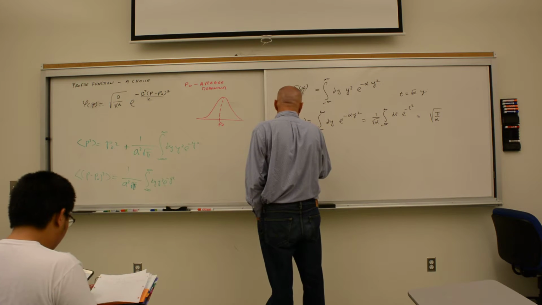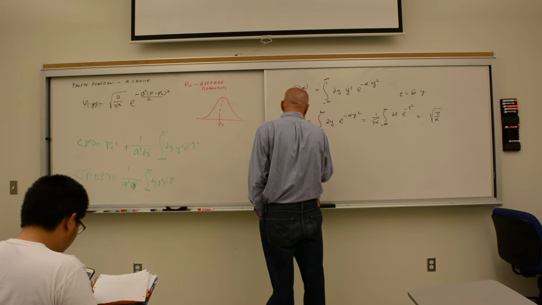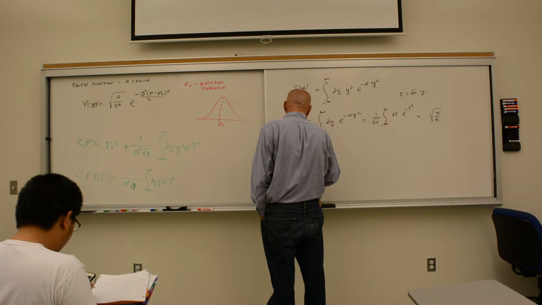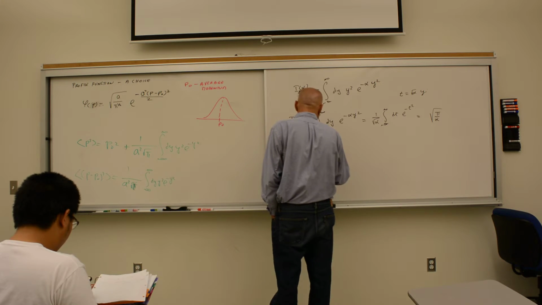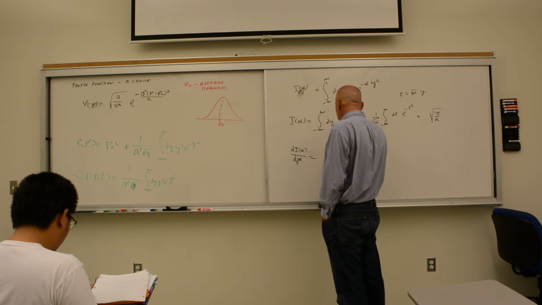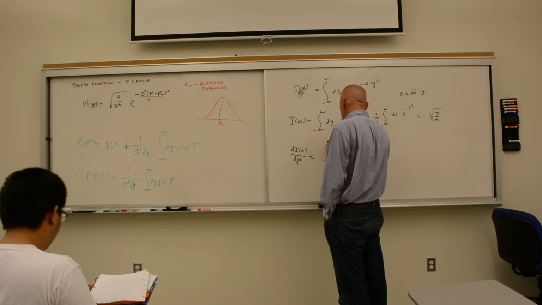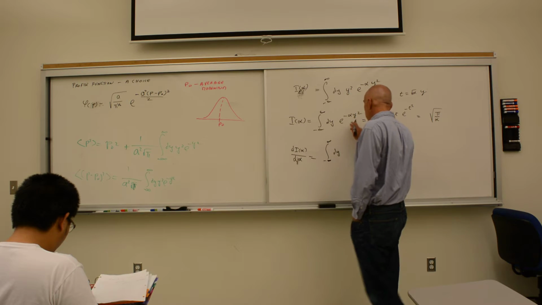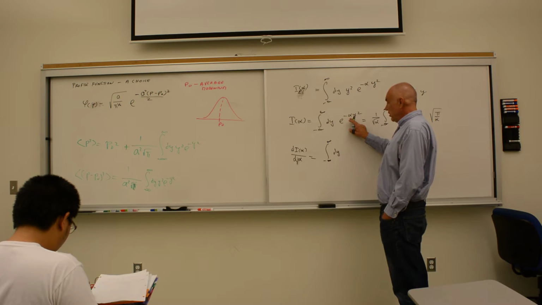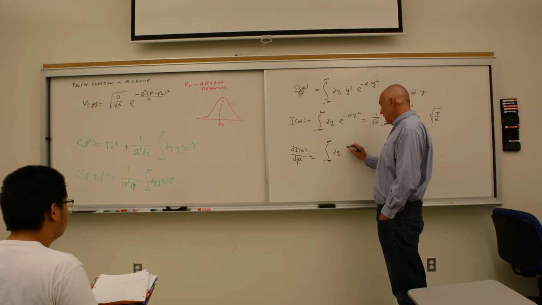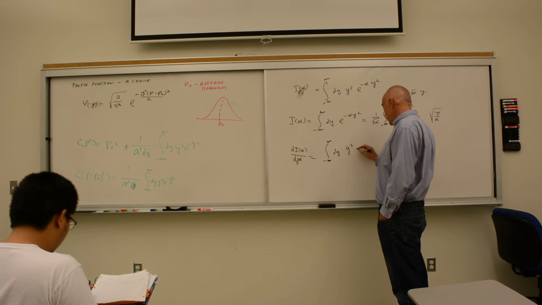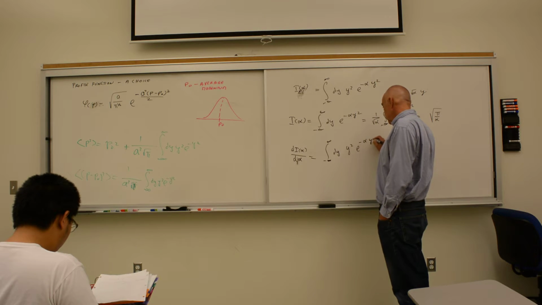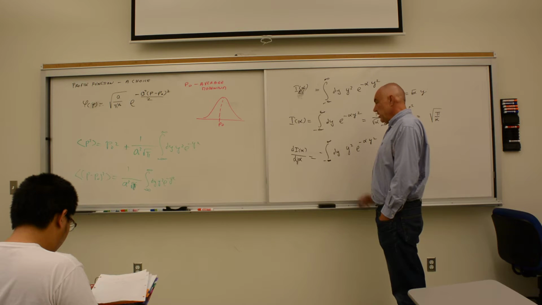And so if I compute the derivative d alpha, then I get that this integral is equal to the integral from minus infinity to infinity dy. When I do the derivative with respect to alpha, I just drop y squared with a minus.